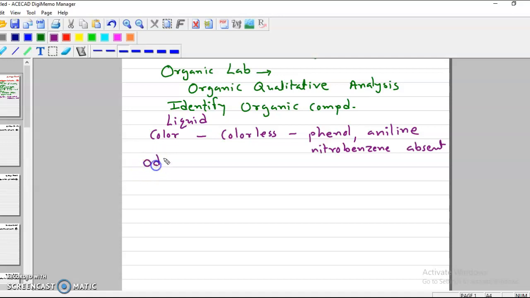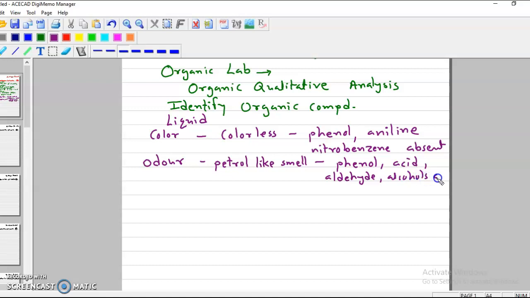Then most important for an organic liquid is odor, smell. It has a petrol-like smell. So we confirm that phenol, acid or liquid acid like acetic acid, aldehyde, alcohols, etc. are absent.